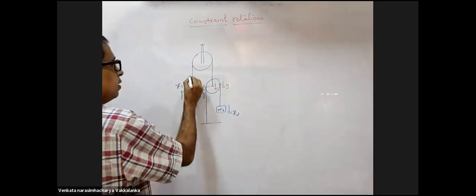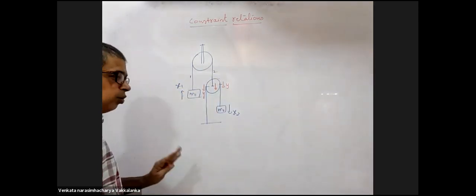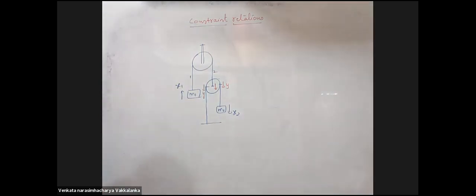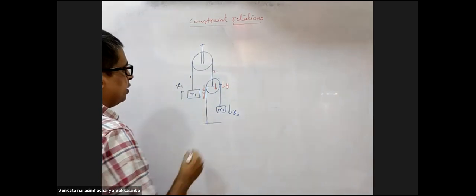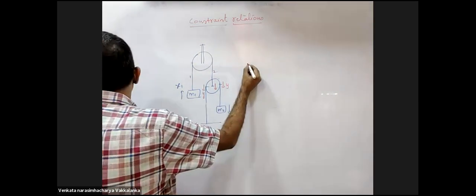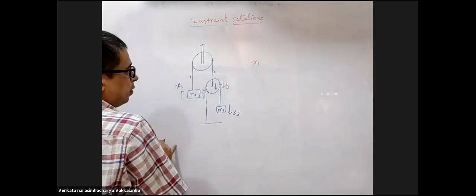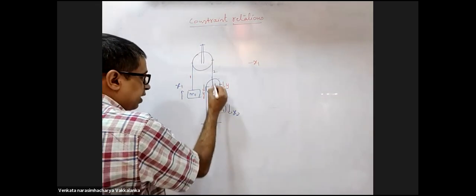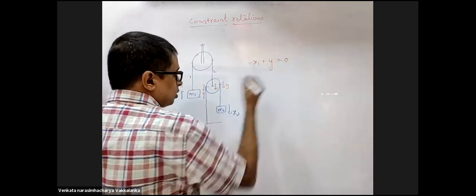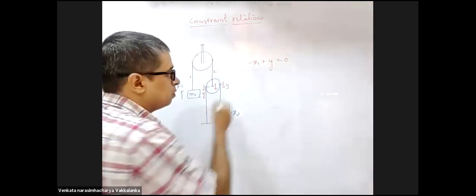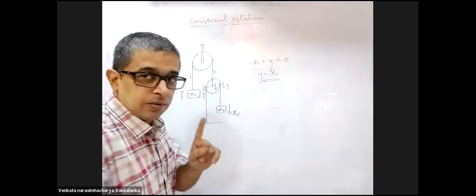Listen. This is segment 1 and segment 2 of one string. Segment 1: upper end is fixed, lower end is moving towards the center of the segment, so minus x1. Segment 2: upper end is fixed, lower end is moving away from the center of the segment, so plus y. The sum should be equal to 0, so y is equal to x1. This is the first equation.